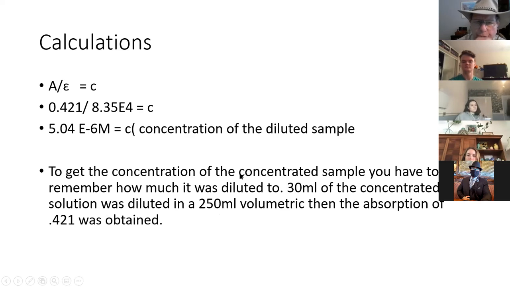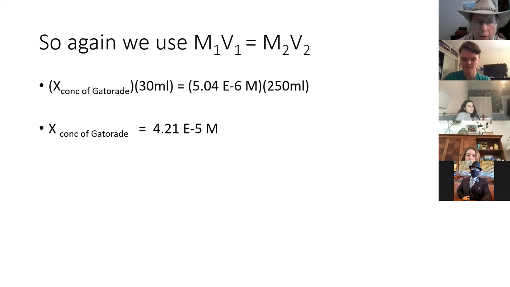You have the fact it was in 250 milliliters, and you know that the volume of the concentrated sample you originally put in was 30. All you simply have to do is another M1 V1 equals M2 V2, and you come out with the concentration of the Gatorade. If this number is not bigger than your diluted sample, then you've done something wrong.